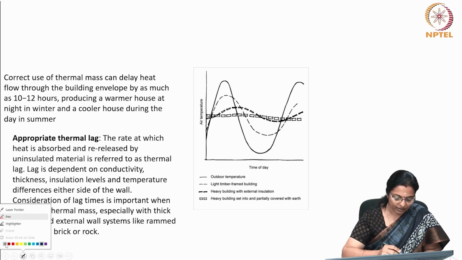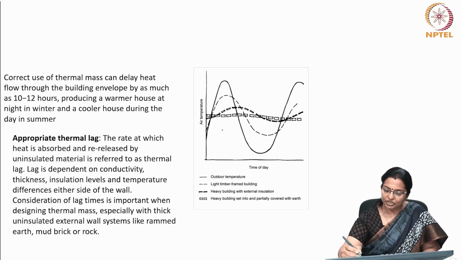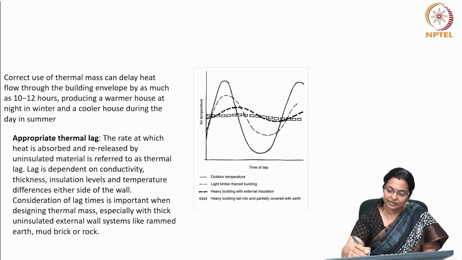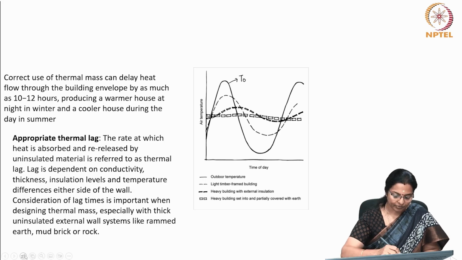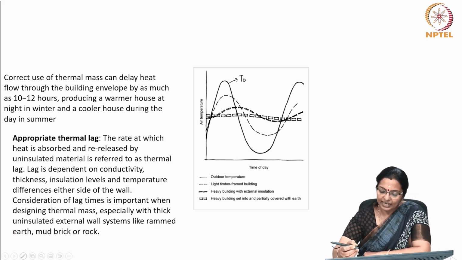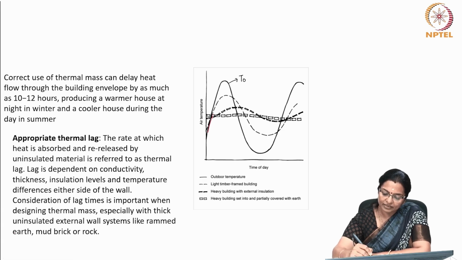So, when you have the outdoor temperature like this, this is T outdoor, and then you have the light timber framed structure. You can see the light timber framed structure follows the temperature pattern of the outdoor ambient air.